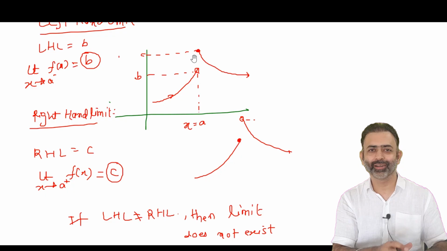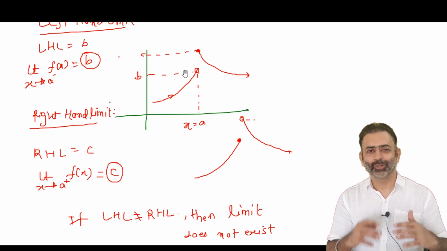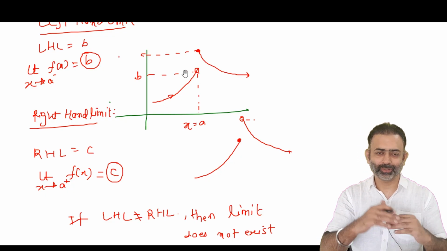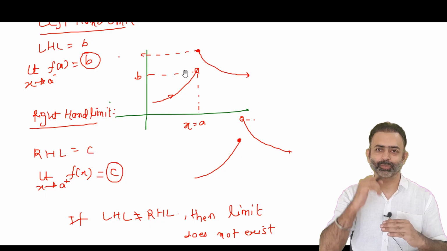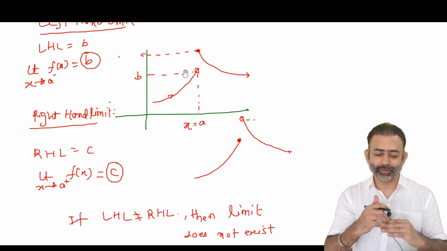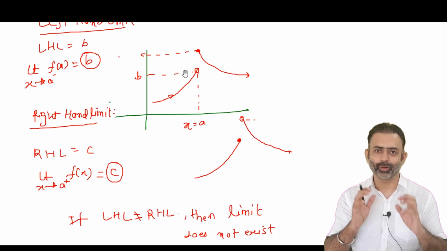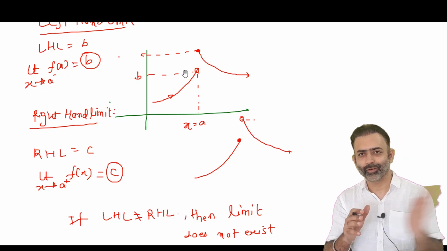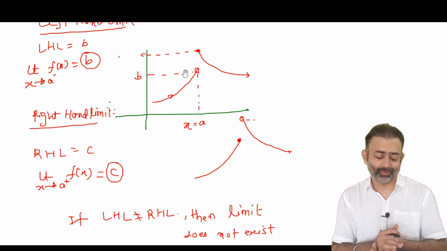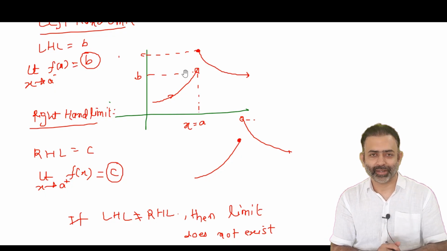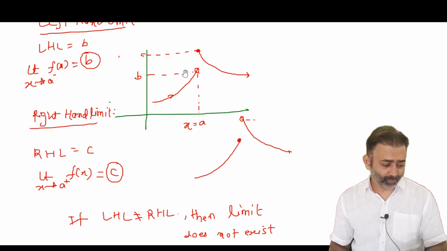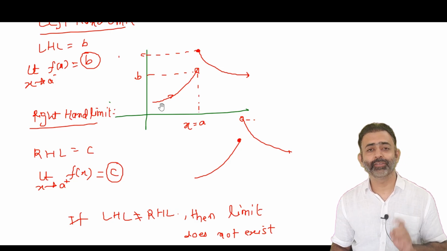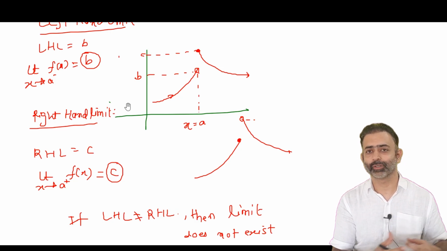Okay, if you want to put mud at point B here, you cannot put it. It will fall because it is exactly above this point. So due to gravity, all the mud will fall. So you cannot fill this gap, unless you fill it horizontally, which does not seem to be practical. Okay, so this is the first case in which we can say that the limit does not exist.